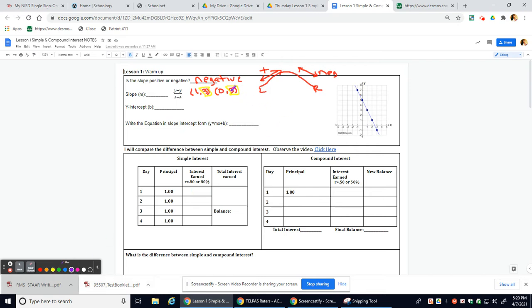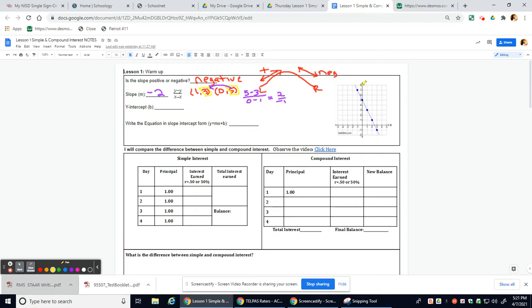So when I find the difference in these, I have 5 minus 3 over change in my x coordinates, 0 minus 1. And that will give me a slope of -2.